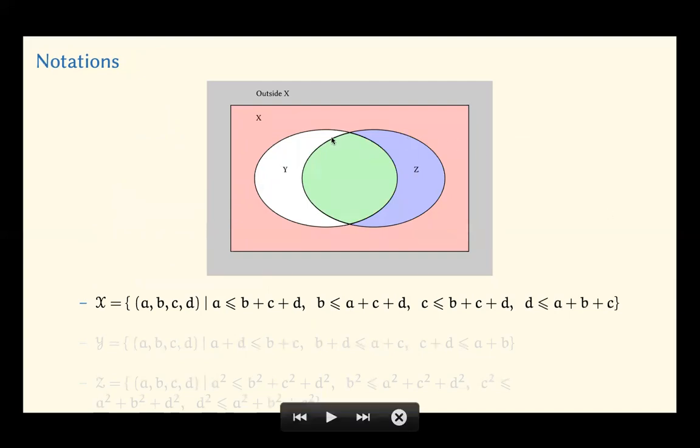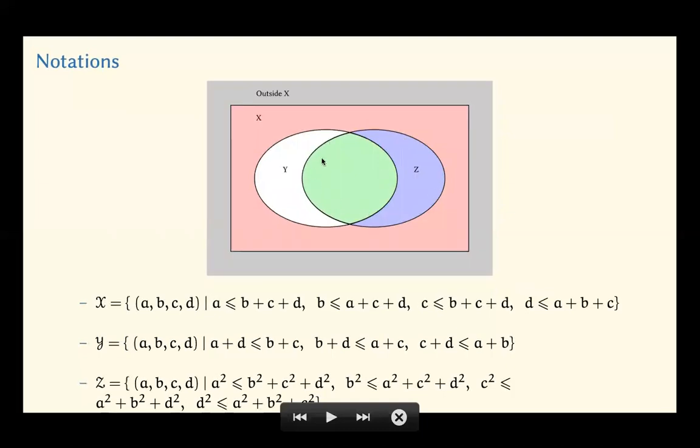In this picture, it's the red rectangle and everything inside. We use Y to denote the left oval. We use Z to denote the right oval. And we know that Y and Z intersect each other, and they do not contain each other. And they're both subregions of X.